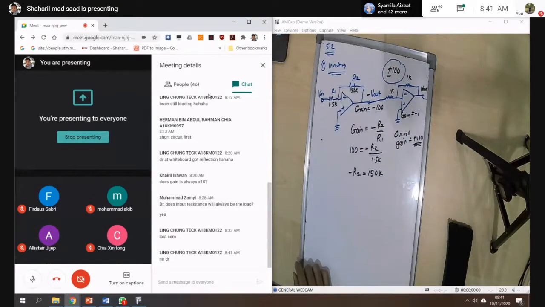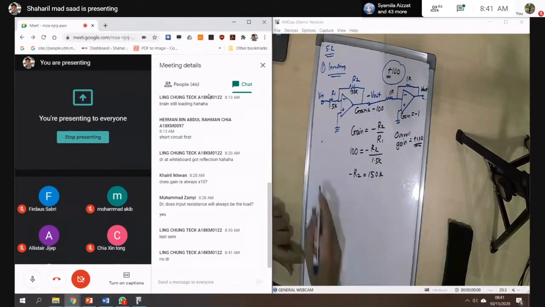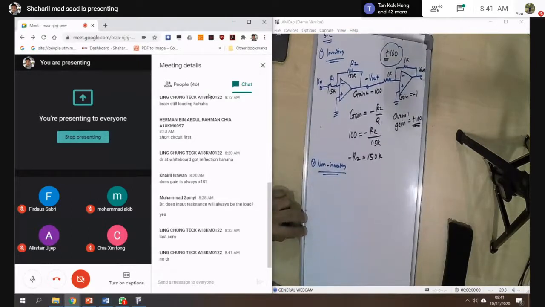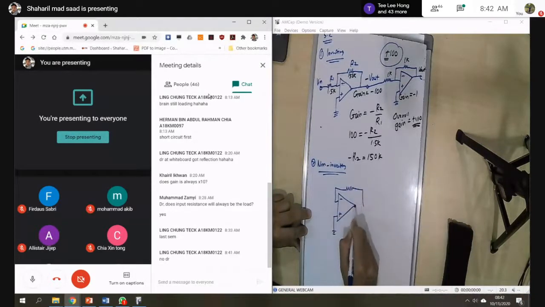Now, let's do the non-inverting. In order to draw the circuit for non-inverting, all the circuit is based on inverting.